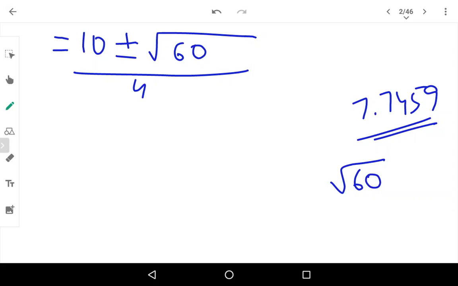Just make sure you find the factors of 60.